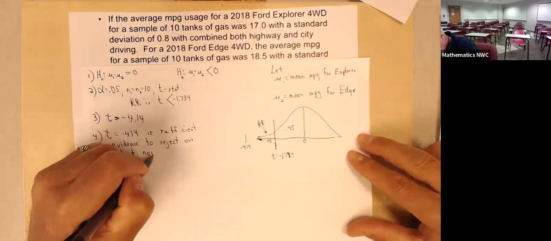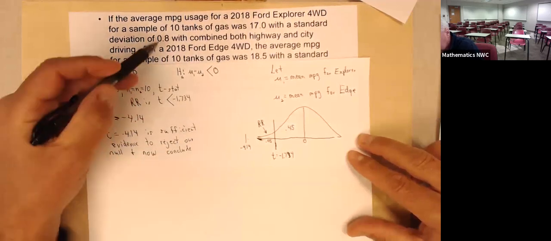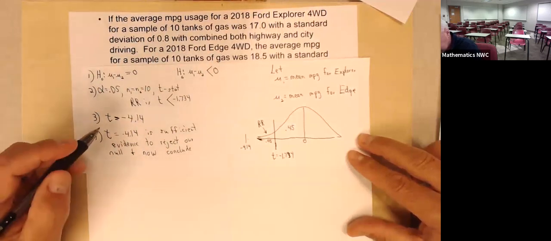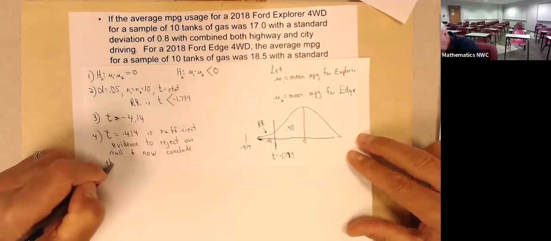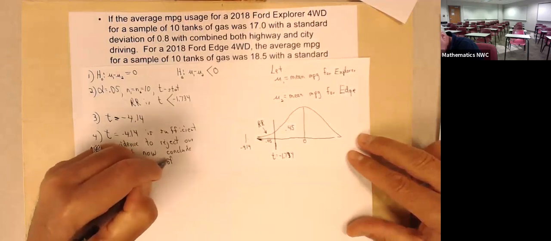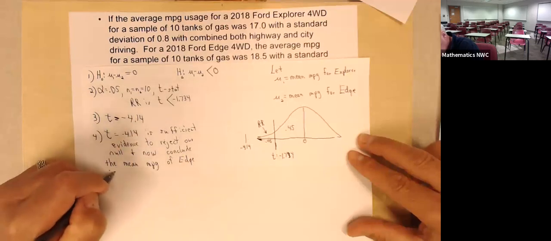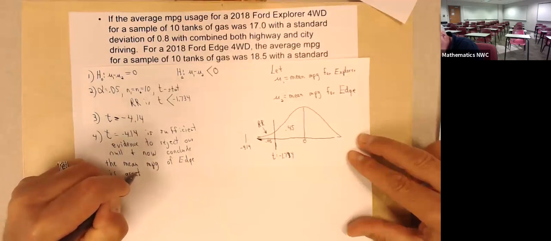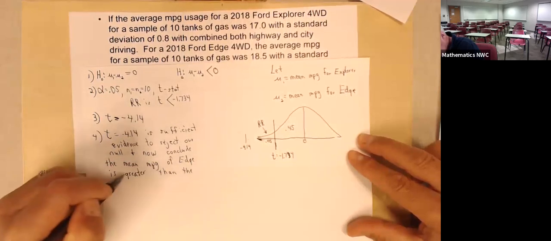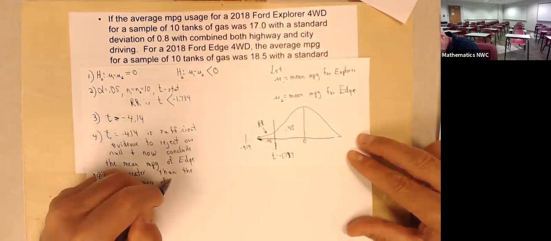and now conclude, and I need to put this conclusion in context of the problem. What were we testing? The miles per gallon of the Edge versus the Explorer. Conclude the mean miles per gallon of the Edge is greater than the mean miles per gallon of the Explorer.